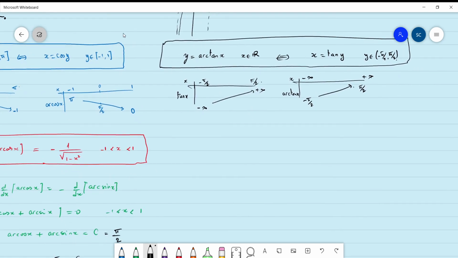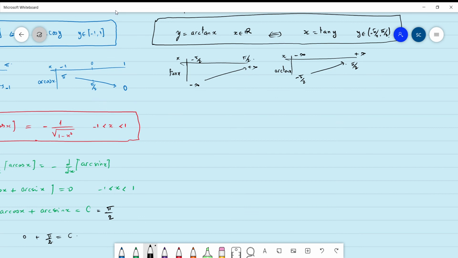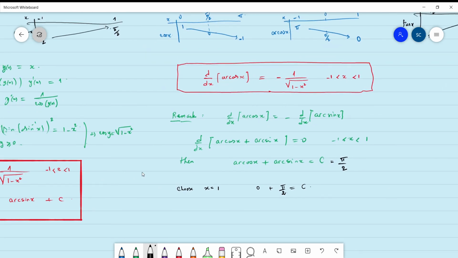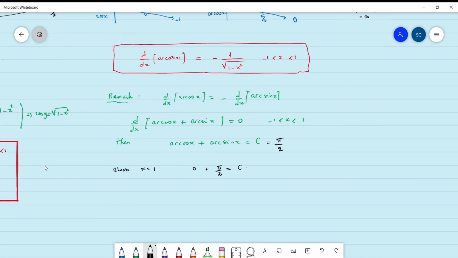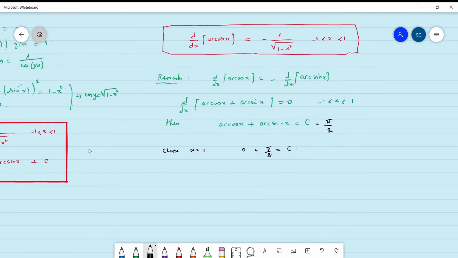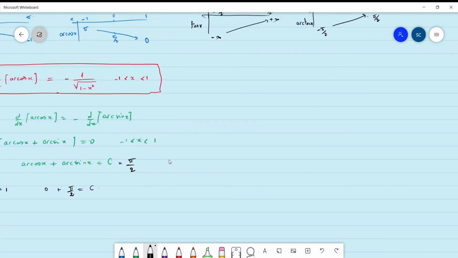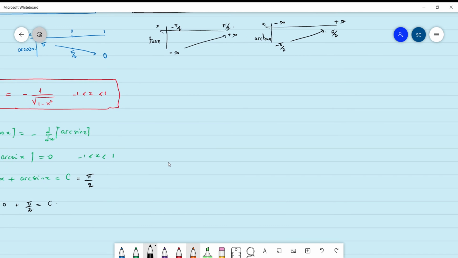Once we have this, we need to check the derivative. Let's continue in the same idea: the derivative of the arctangent x, we show that it is 1 over 1 plus x squared.